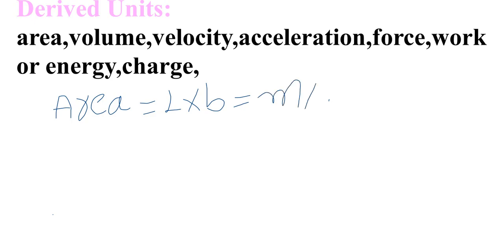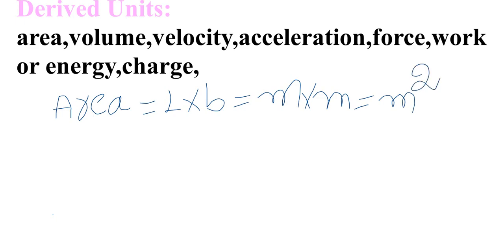So suppose that area is there. What is the formula for area? Length into breadth. What is the unit for length? How can you express the length of that object? In meters. Breadth in meters. So what is the unit of area? Meter square.